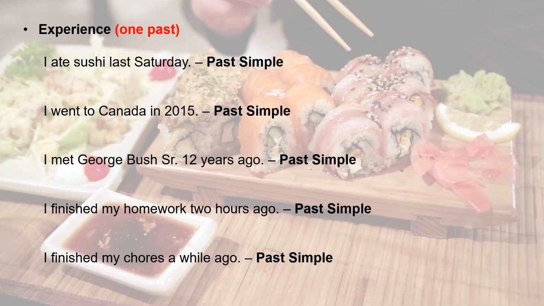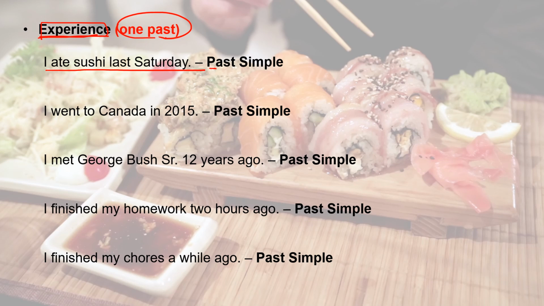And there is one more way you can make present perfect, which is experience. So if you have one simple past, you can make experience present perfect. For example, I ate sushi last Saturday. I don't know how many times I have eaten, and it doesn't matter. So I have an experience.